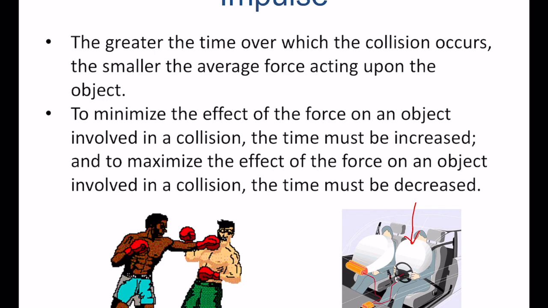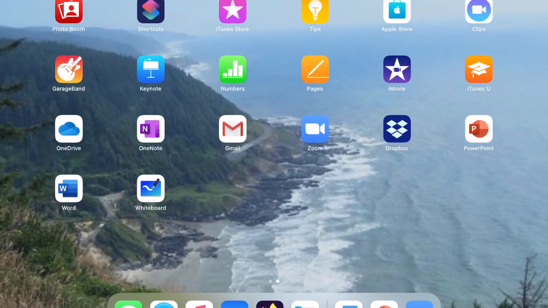On the other hand, if the airbag can inflate just in time, then the airbag acts like a cushion, and the unfortunate driver would come to stop a little bit slower. So the delta t is increased a little bit, and the F average is lowered. Right? So there are many similar examples.